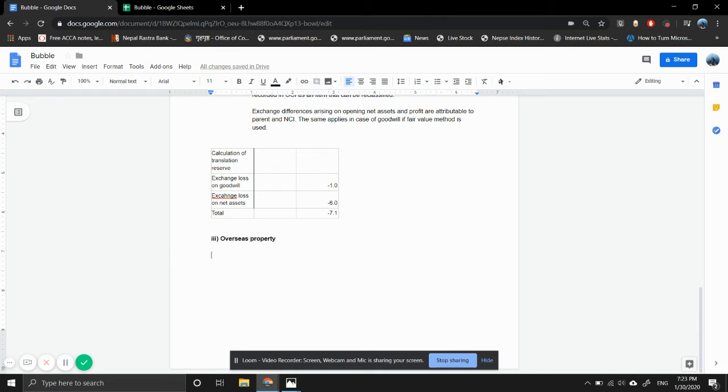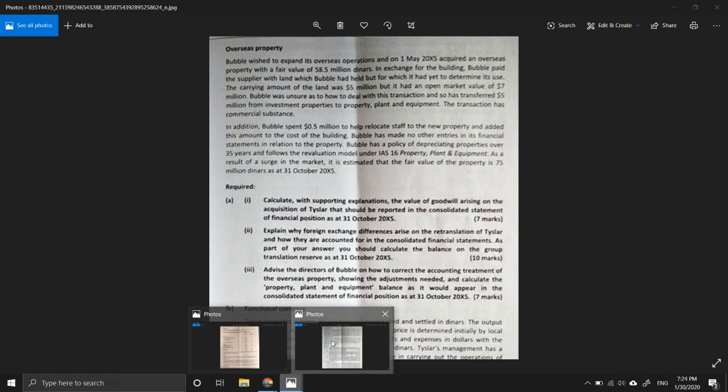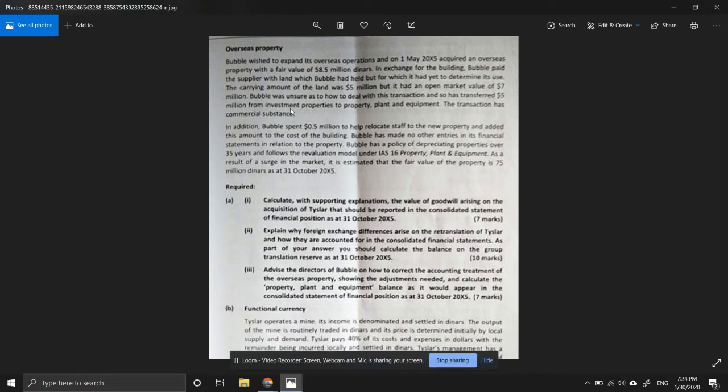Wishing to expand its overseas operations, on 1 May 20x5 Bubble acquired an overseas property with a fair value of 8.5 million dinars in exchange for a building, right?